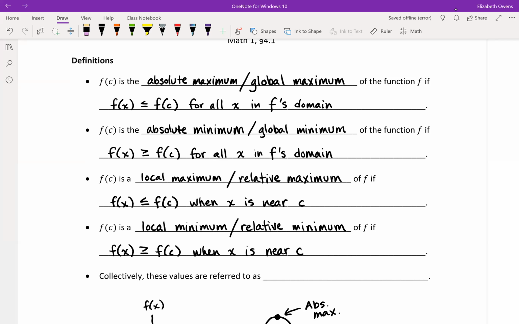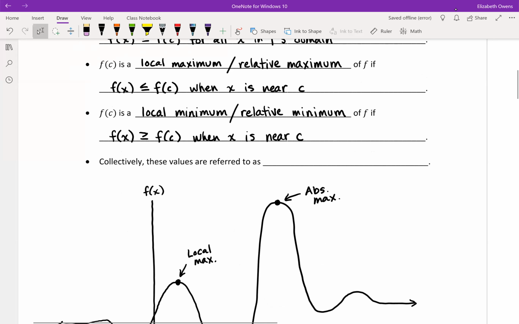Okay. So that's absolute and relative, and then we've got global versus local. These are all terms that you might see pop up at different times, so it's good to know all these different names for them. Then we've got one more name to look at here.